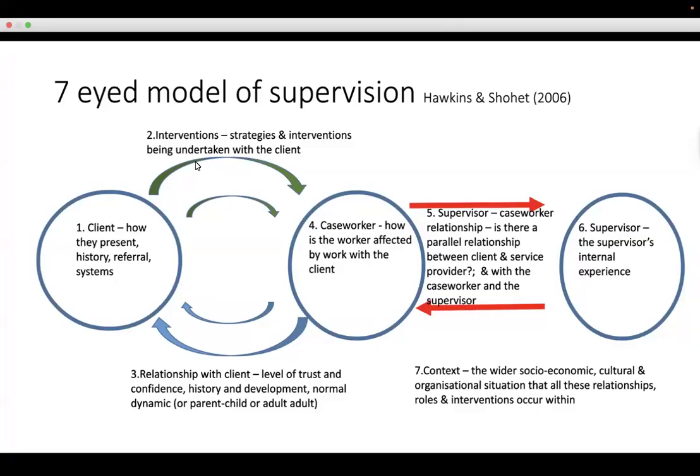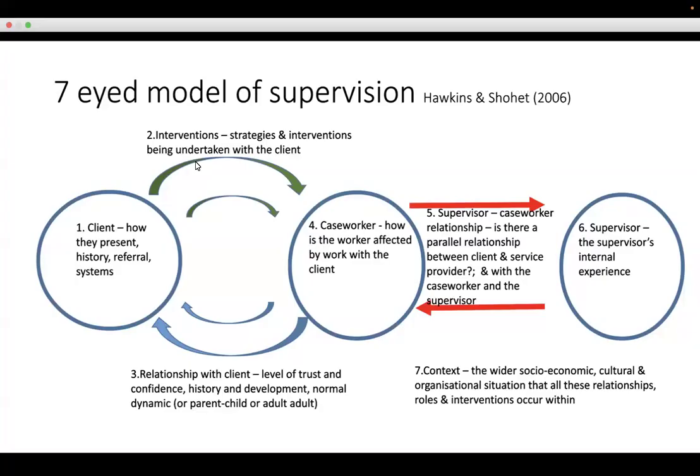So the third mode under this model is really the relationship with the client. The relationship with the client, as you know, really matters, and sometimes it gets to determine the outcome of practice. And what we do under this mode, we draw on a number of theories informing practice, trying to understand, for example, the different things happening during practice.